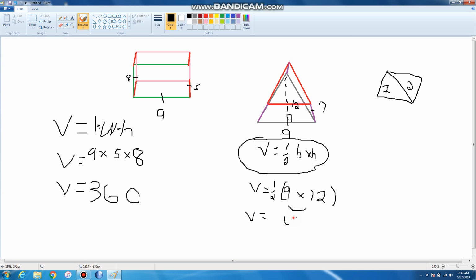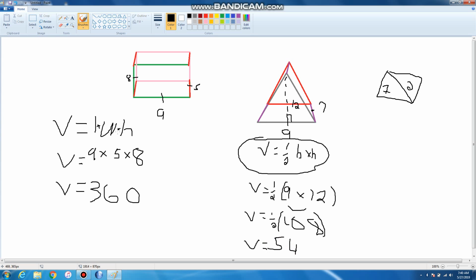So you would put 108 down here. This is how you're supposed to solve it. And you just halve that, like so. And your final answer should be 54. So that's how you find the volume for a triangular prism.